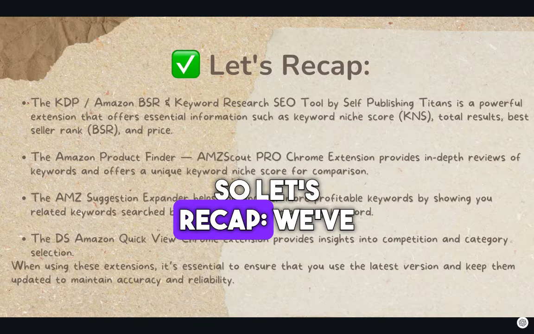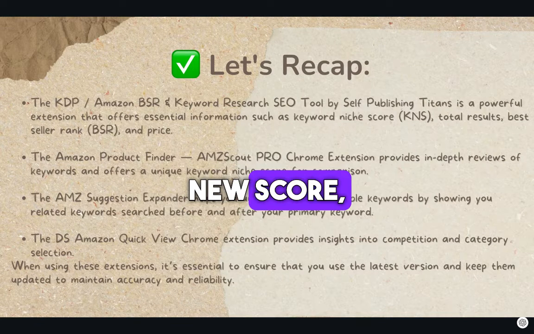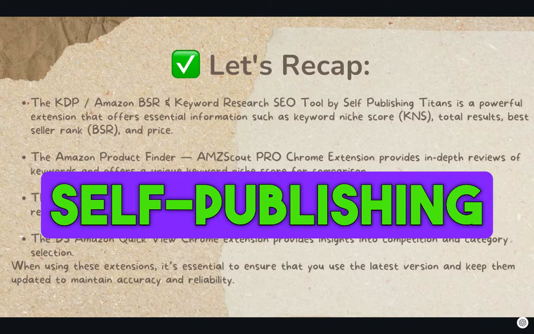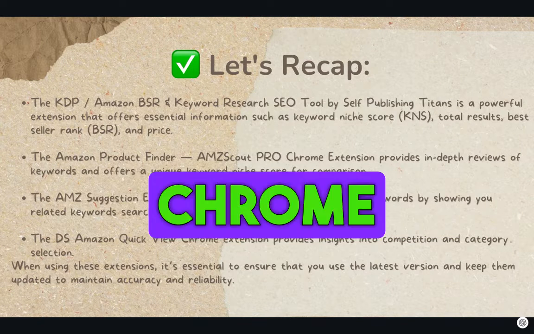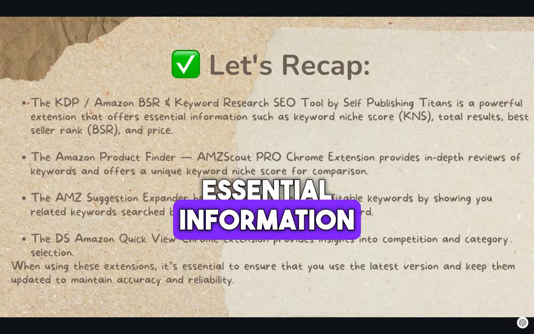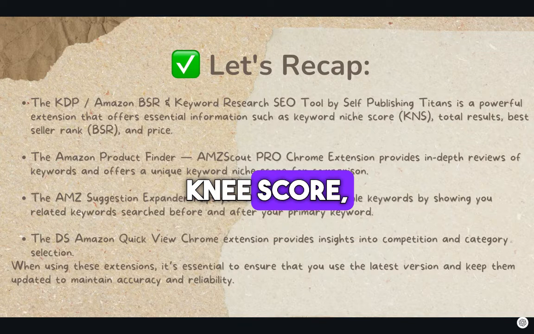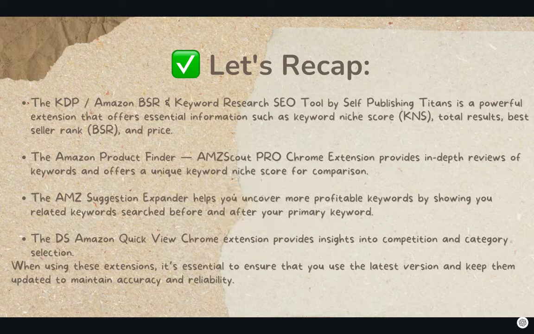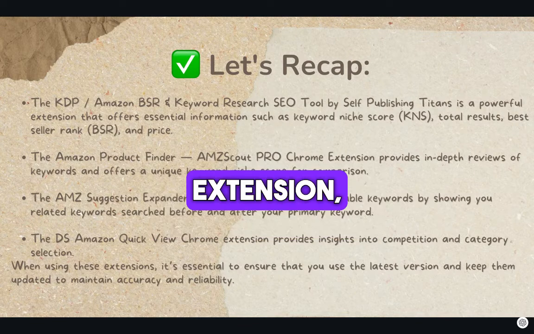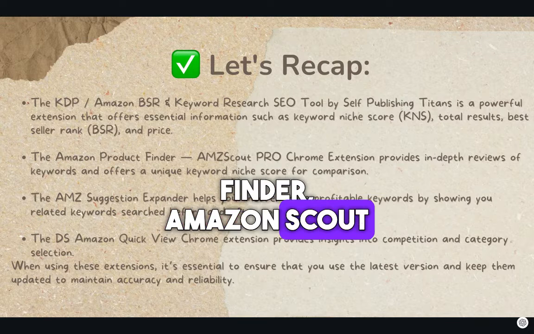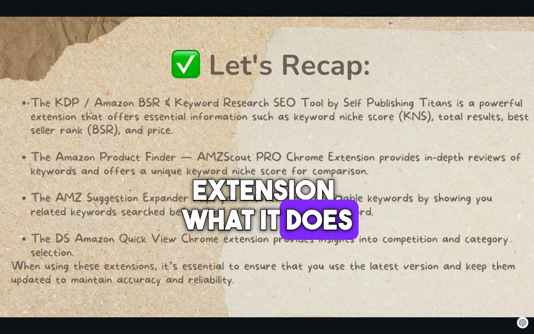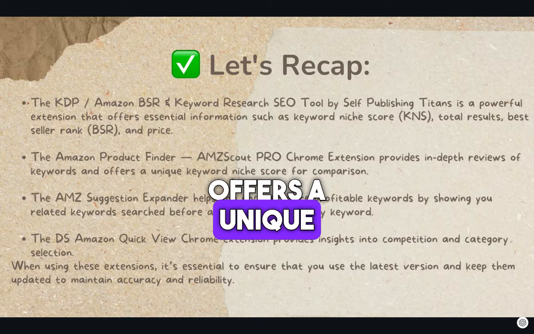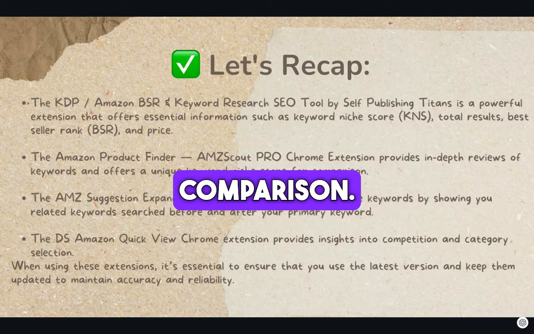So let's recap. We've got the first, the KDP Amazon BSR and keyword research SEO tool by Self-Publishing Titans. A powerful Chrome extension, it offers essential information such as keyword niche score, total results, bestseller rank, and price. The second Chrome extension, Amazon Product Finder, Amazon Scout Pro, provides an in-depth review of keywords and offers a unique keyword niche score for comparison.